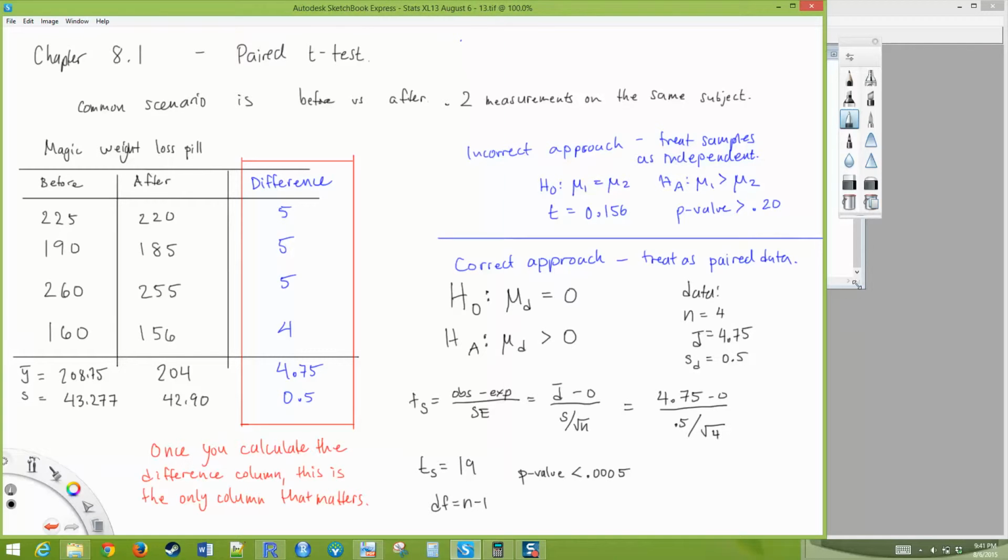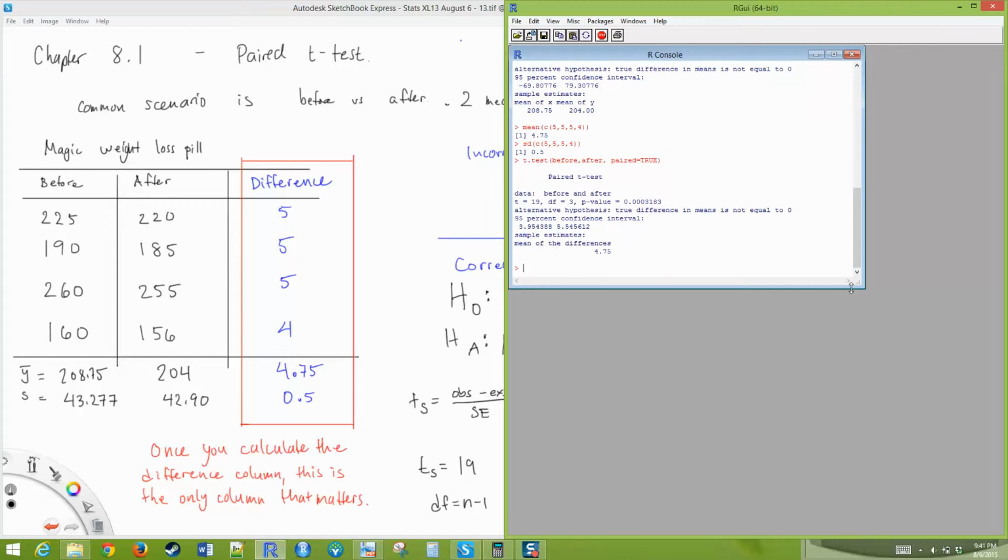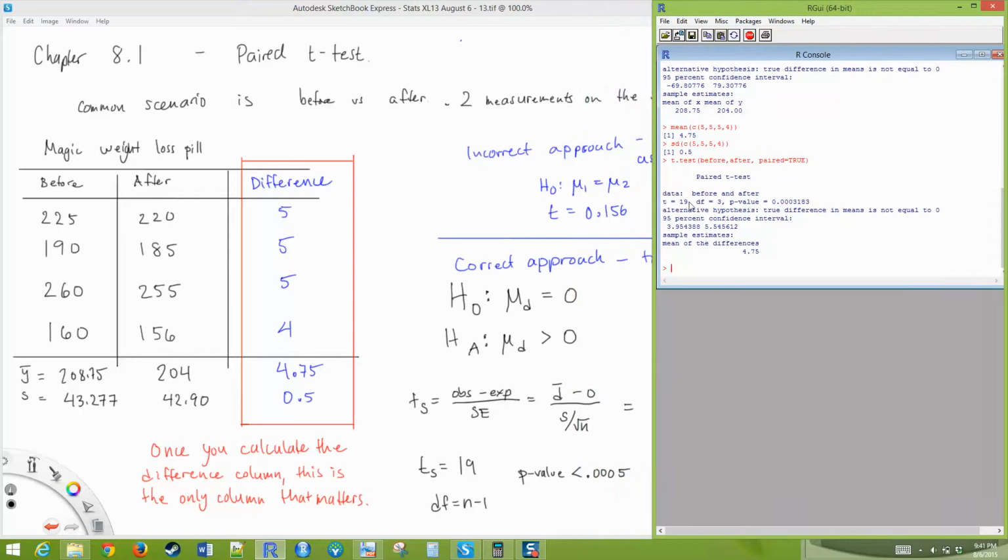Okay, and so I could do the same thing here, t-test before and after, and I'd say paired equals true. And I don't know if you can see this, but it says our test statistic is 19. I have 3 degrees of freedom, and my p-value ends up being 0.0003. Okay?